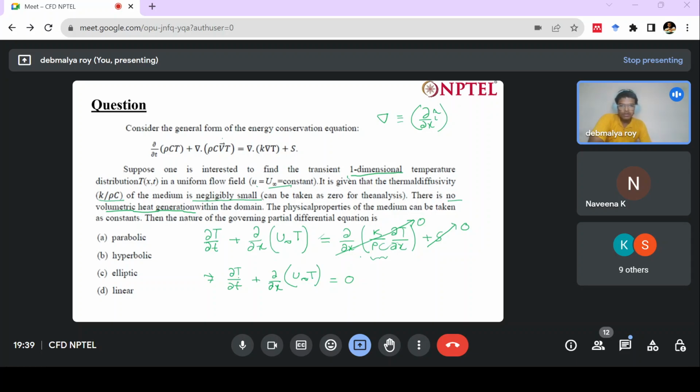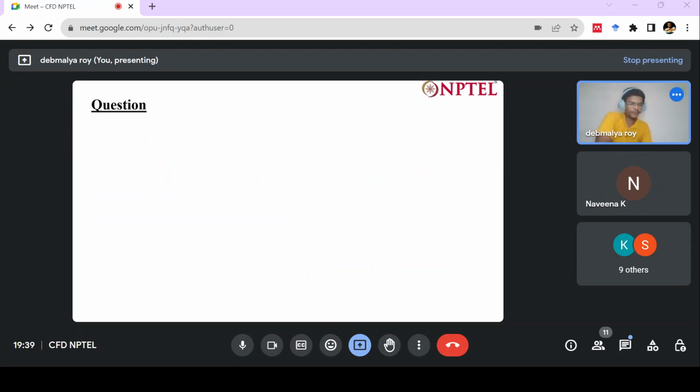For this, what we will do is convert it to a second order partial differential equation. Okay, we'll write the equation.